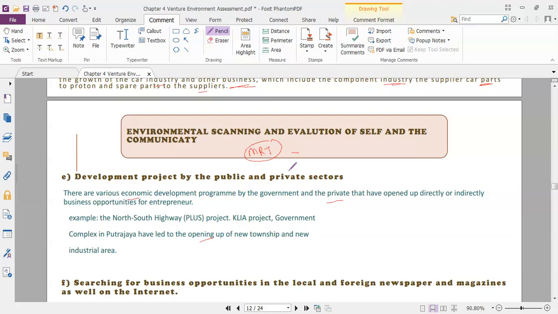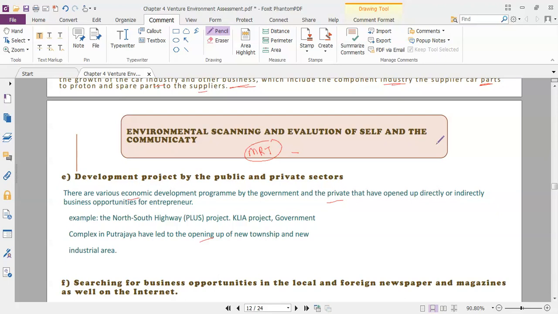So that means the development project by the public and private sector. For example for private sectors, if you look at Port Dickson, is there any new location?